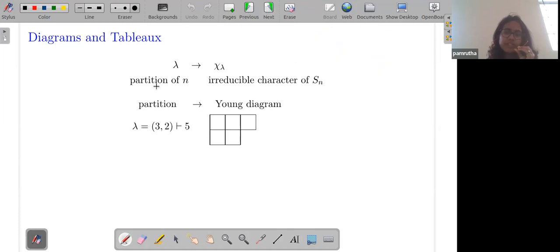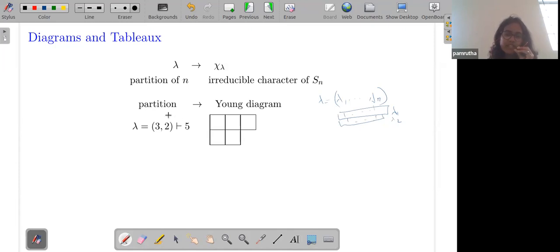Now, corresponding to each partition, we can also have something called the N diagram. By an N diagram, what I mean is just northwest aligned boxes. If I denote my partition to be lambda 1 up to lambda r, the corresponding N diagram will be an array of boxes aligned to the northwest corner in such a fashion that we have lambda 1 boxes in the first row, then lambda 2 boxes in the second row, and so on.